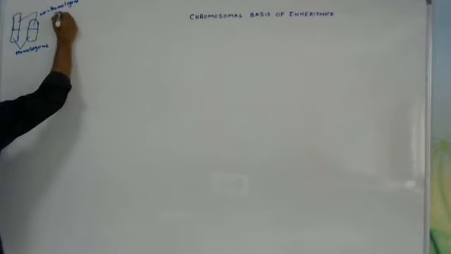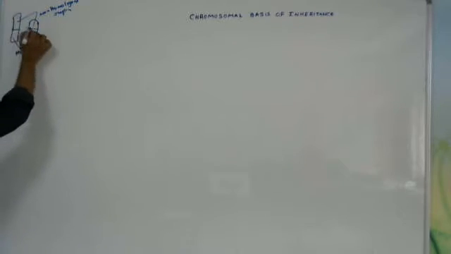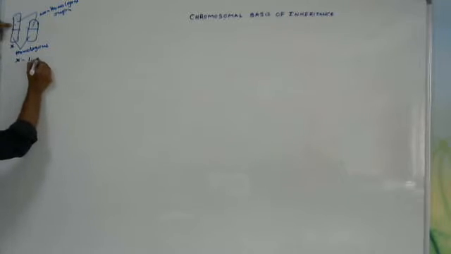And what happens in the non-homologous region? Which genes are located in the non-homologous region of the X chromosome and the non-homologous region of the Y chromosome? The genes located in the non-homologous region of the X chromosome, we call X-linked genes.